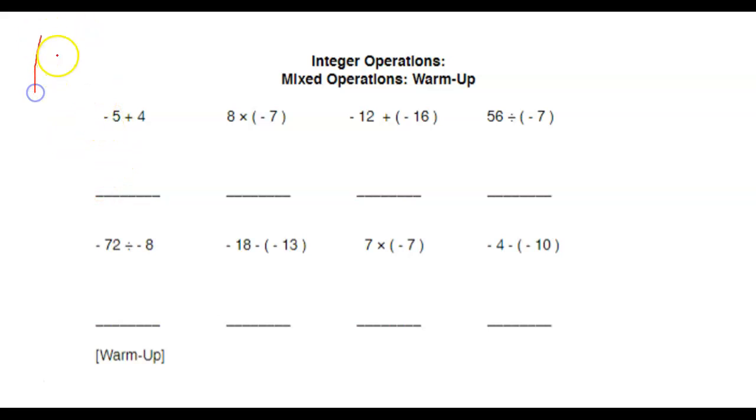I am going to use my chart so I don't get confused, right? I know a positive times a negative, and then I could see a negative times a positive, or I could see a negative times a negative. If I have a negative times a positive, I know it's going to be negative.